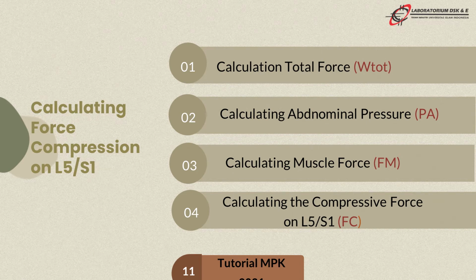This pressure arises from holding the load at the time of lifting, which is influenced by the force received by the body by lifting the load. The third is calculating the muscle force. This force results from movement of the muscle, and the fourth step is calculating the compressive force on L5S1.